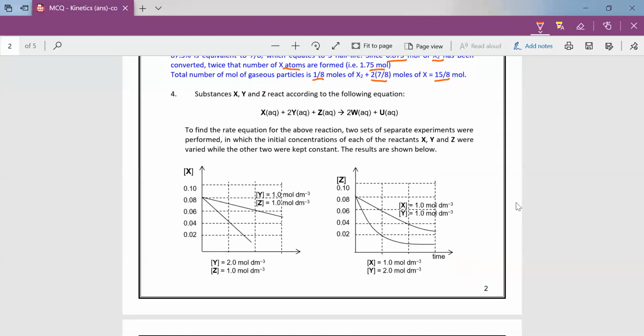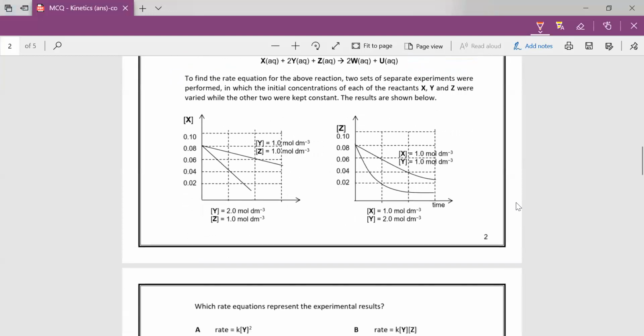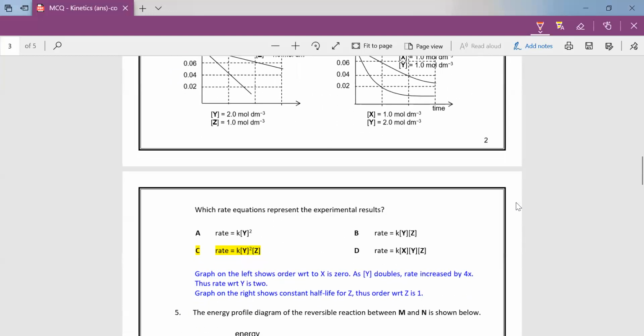Question 4, right? So we have X, Y, and Z. Each of the reactants are varied, the other two kept constant. Which rate equation represents the experimental result? So answer is C. The graph on the left shows that the order with respect to X is 0.